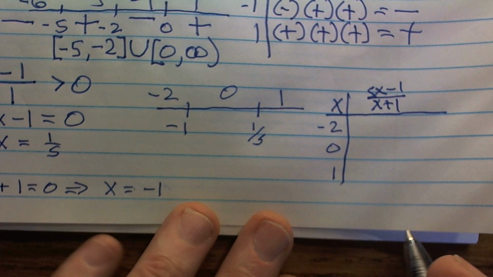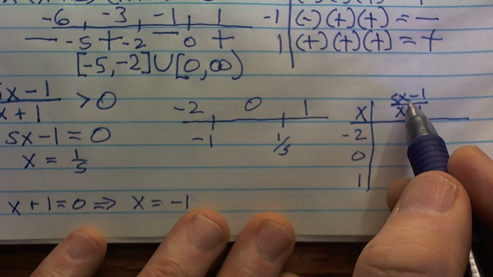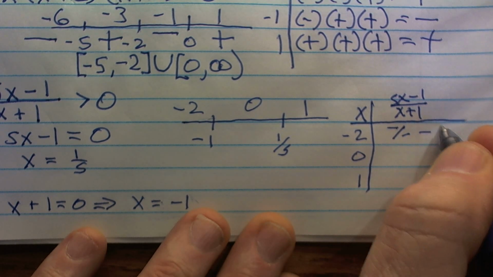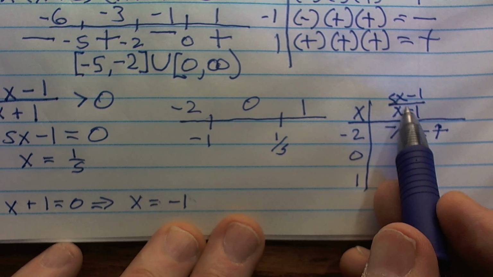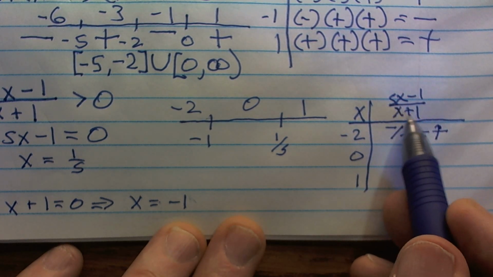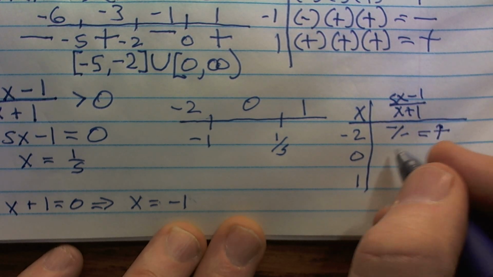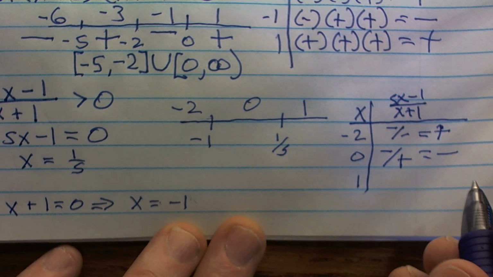Okay, so I'll just plug those in. Now, if I put in a -2, notice the top is negative and the bottom is negative, so I get a positive. See? -2 up here gives me a -11, and then over -1. So that makes a positive. Now, if I put a 0 up top, I get a negative up top, positive on the bottom. Well, that's a negative.